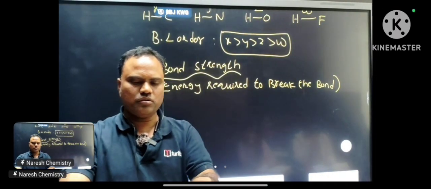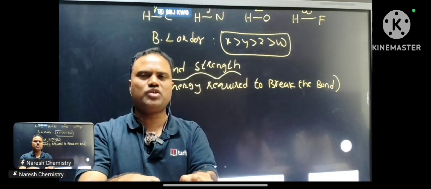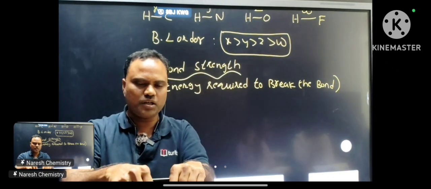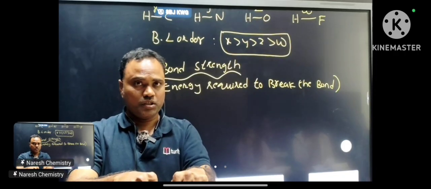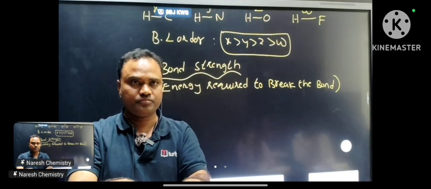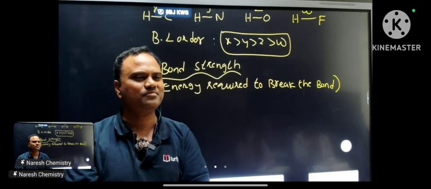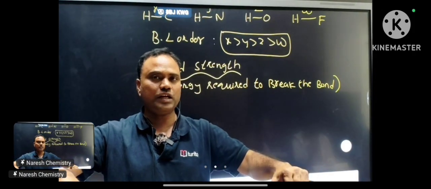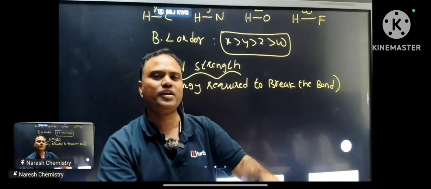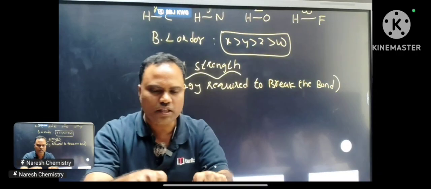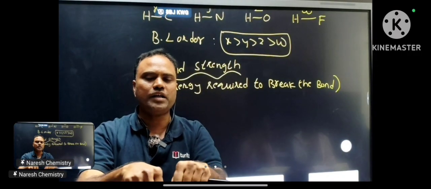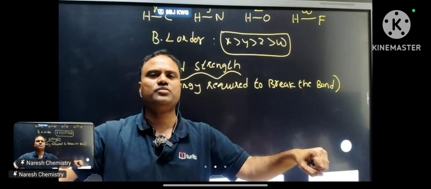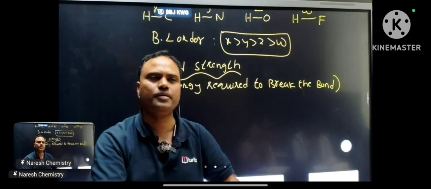If two atoms are present very close to each other, then attractions are more between them, and you cannot break the bond easily. If two atoms are arranged with a distance, then attraction forces are less between them, and you can break it easily. So if bond length is less, both are attracted together tightly and you cannot break easily. If both atoms are arranged with a distance, then you can break easily.